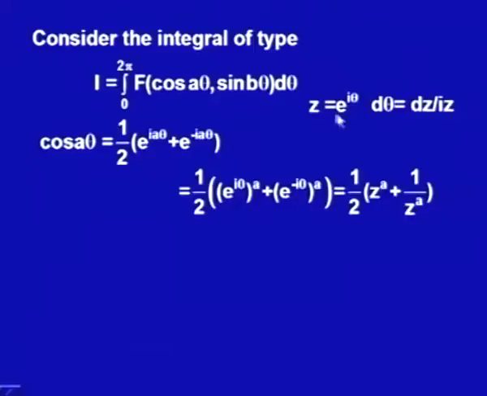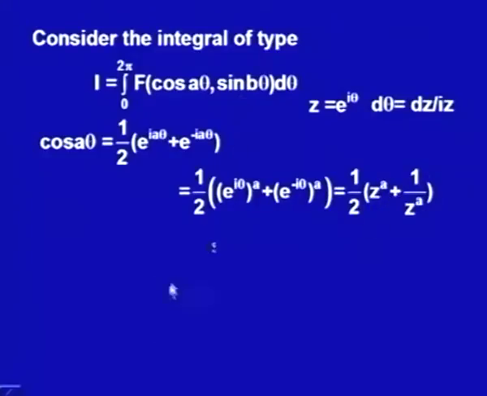E to the power i theta is z, so it is z to the power a, and e to the power minus i theta is 1 upon z, so it is 1 upon z to the power a. So cos a theta we could write as 1 upon 2 into z to the power a plus 1 upon z to the power a.